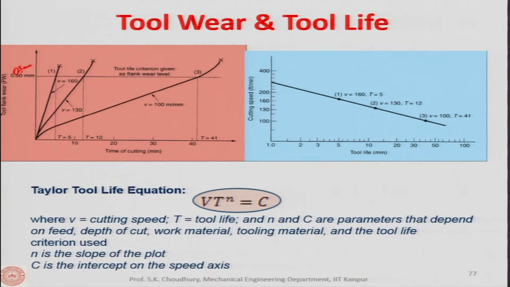Then at the velocity of 100 meter per minute, this is the tool life. At 130 meter per minute, this is the tool life, and at 160 meter per minute, this is the tool life. So, you can find the tool lives at different speeds, and then make the curve.